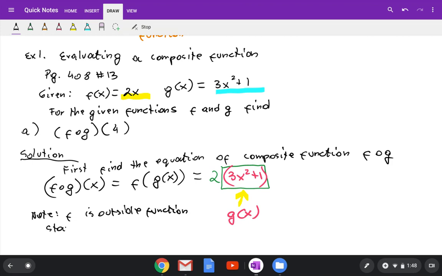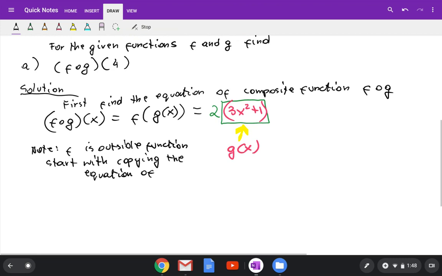Start with copying the equation of the outside function, and the outside function is always the first one on the left. So in our case, f of x.